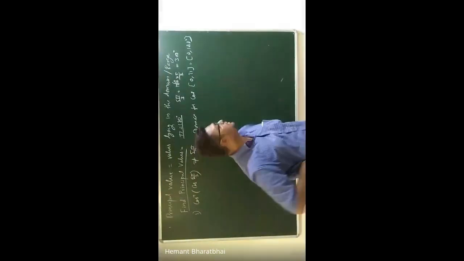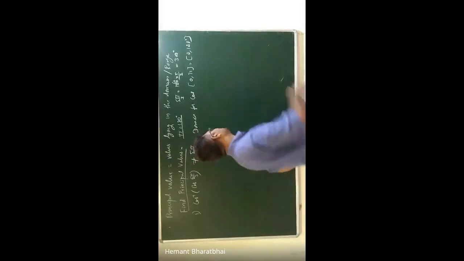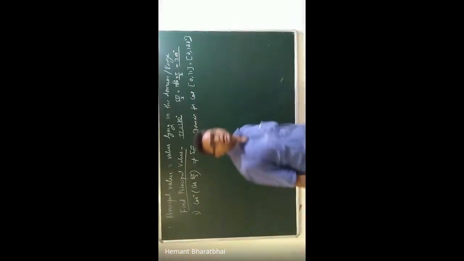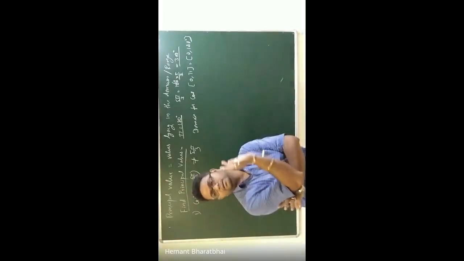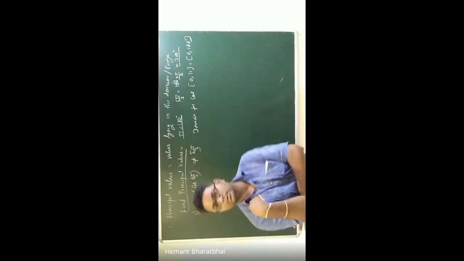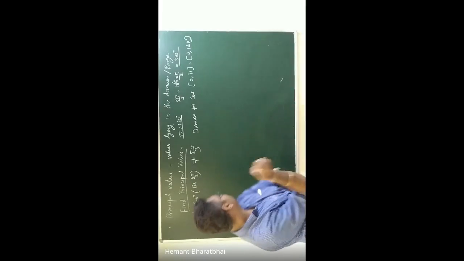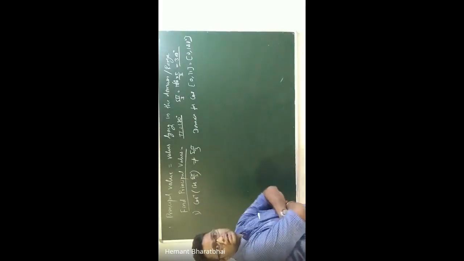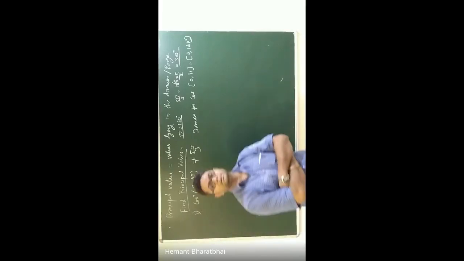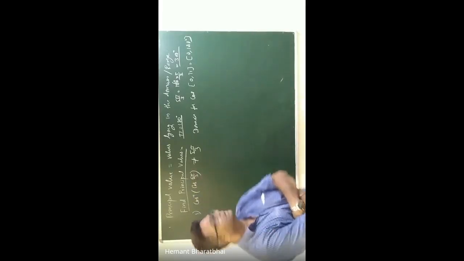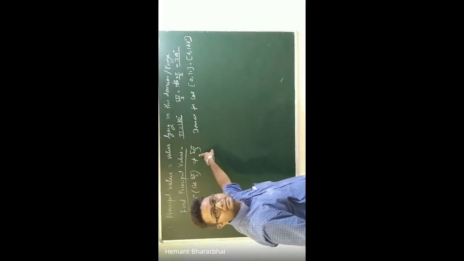And here in the given question, the angle which is said is nothing but 300 degrees. So this doesn't lie in the fundamental period or the domain which is 0 to pi. Hence, I cannot say that cos inverse of cos of 5 pi by 3 is equal to 5 pi by 3. No. So you cannot write like this. This is wrong. So then we'll have to find out the value.